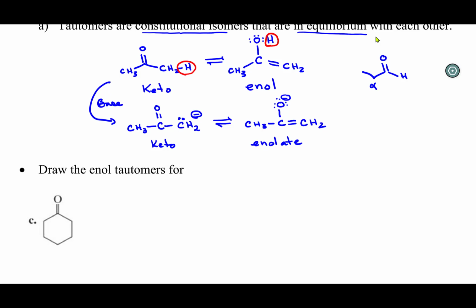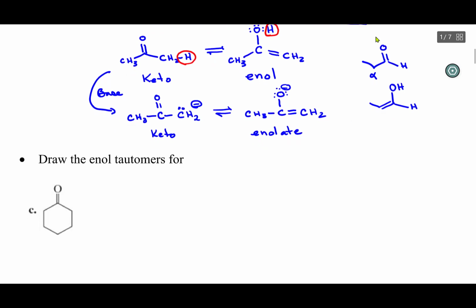For the enol, all you need to do is make the double bond between the alpha carbon and the carbonyl carbon, and then put the hydrogen onto the oxygen like that. Now, you might have recognized that you can occasionally have a couple of different enols for every ketone, and I'll show you that in an example.